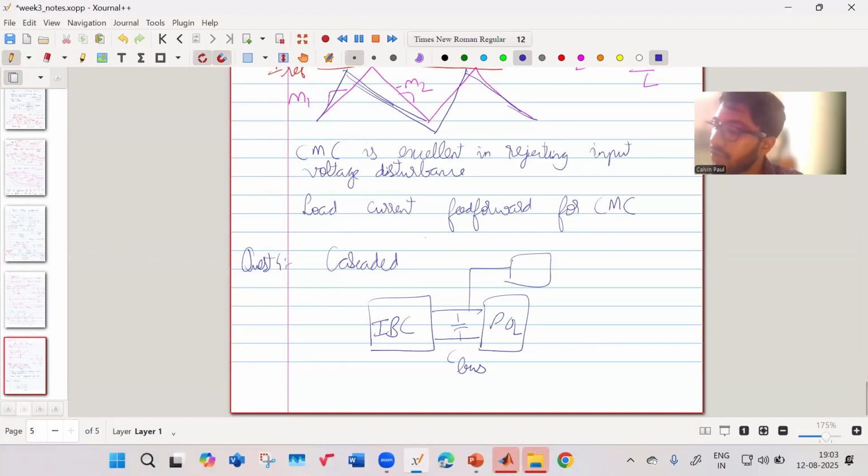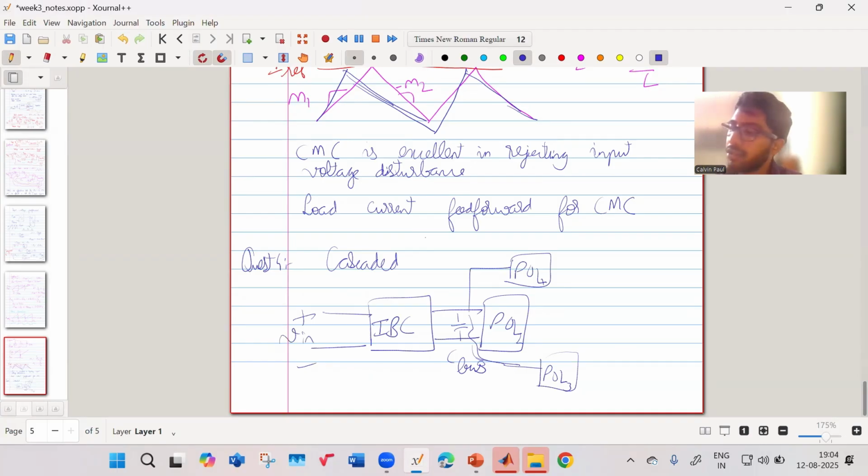There can be another POL, POL1, POL2, like that. Multiple POLs will be there, POL3, etc. And this is also coming from some other converter, some other input.